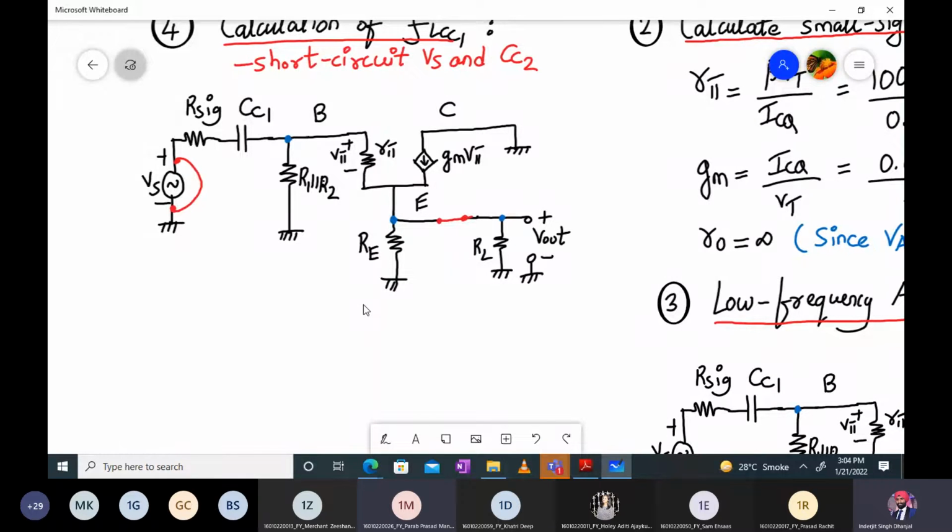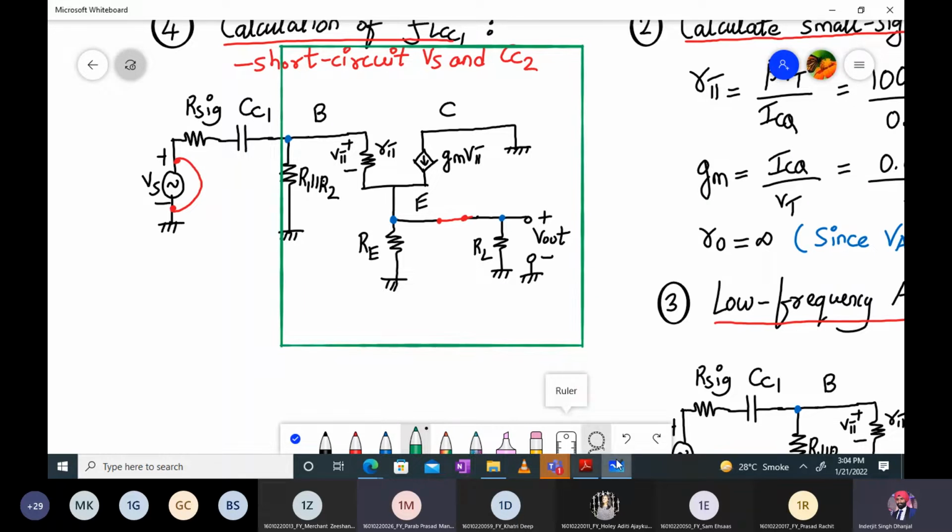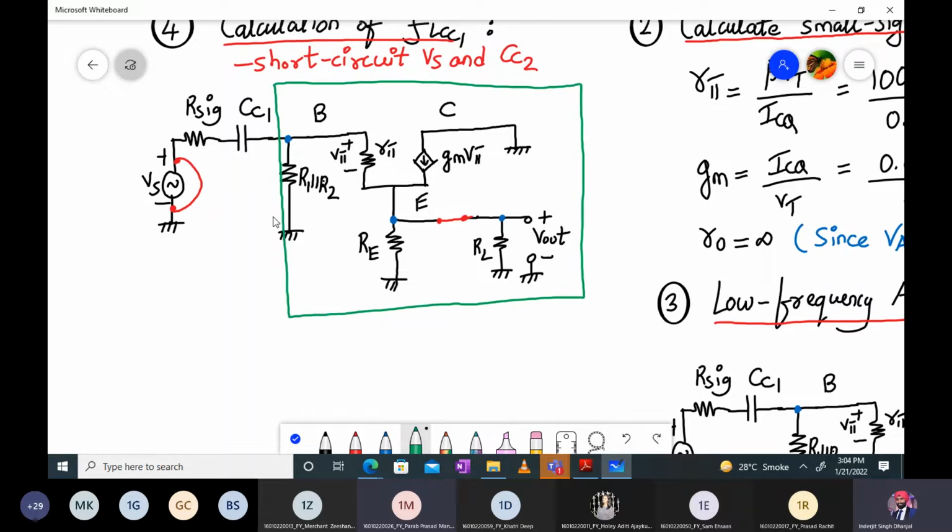Now calculate the circuit now. Does this look quite familiar? We have done that many times. Let me draw it one more time over here. We have a system in place, where we have a voltage source, and we have to calculate Ri for that system.